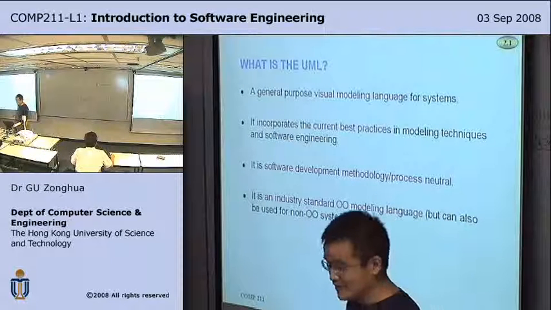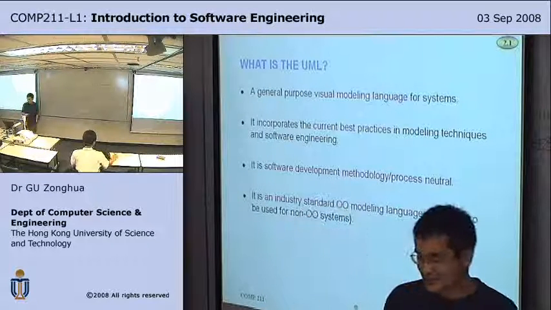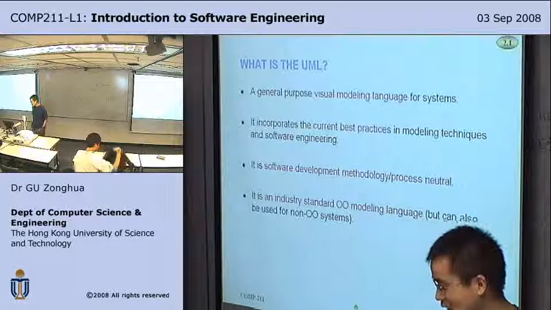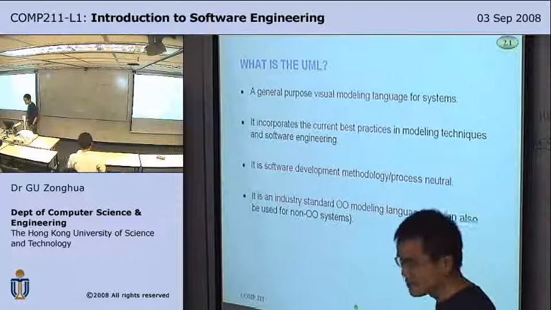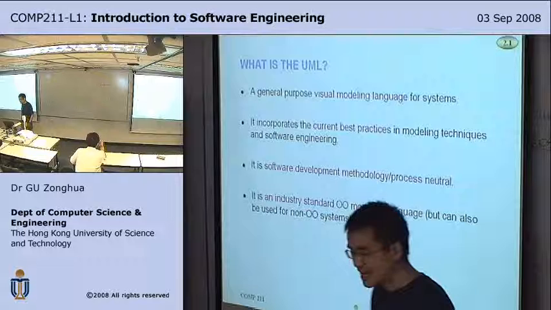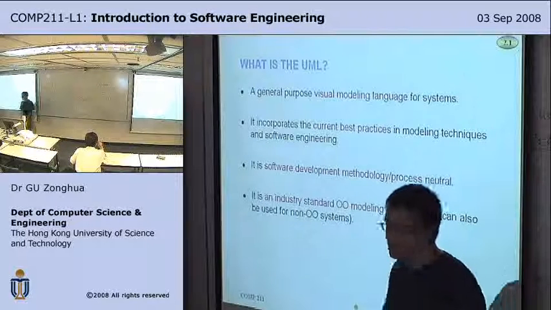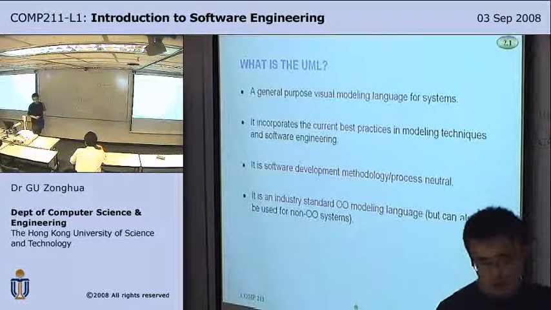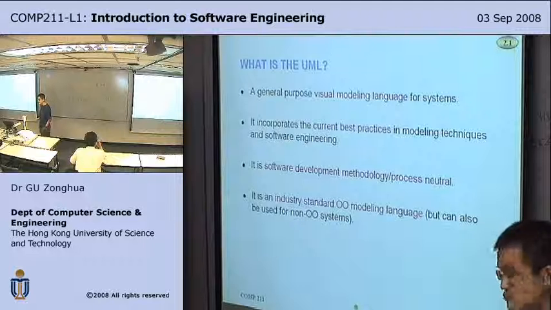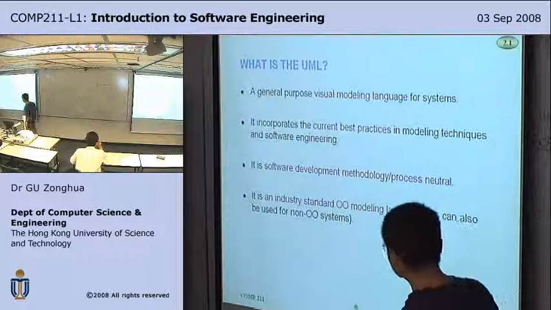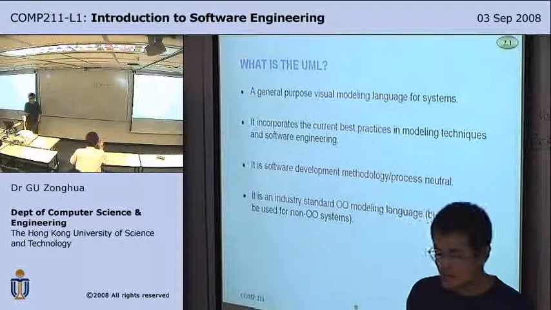You can easily develop a code generator that generates C++ or Java code from a UML diagram. It's industry standard, that is, it's widely used in industry. If you go out to work for a software organization, chances are, if it's a large organization, you're going to use UML.